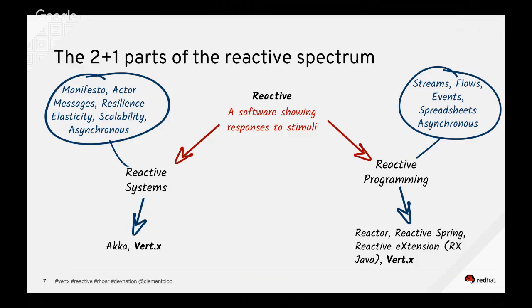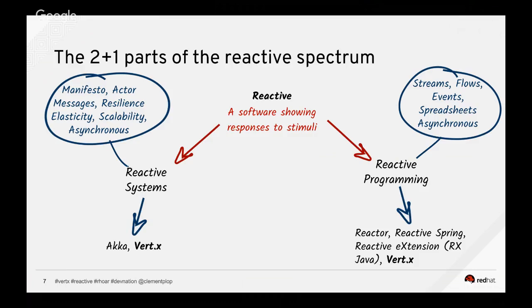On the right side of this slide, we have reactive programming. While reactive systems are at the architectural level, for building distributed systems, reactive programming is really about the development model to build event-oriented or message-oriented and asynchronous programs. And here the concepts are totally different. We are speaking about streams, flow, events, and of course, asynchronous.